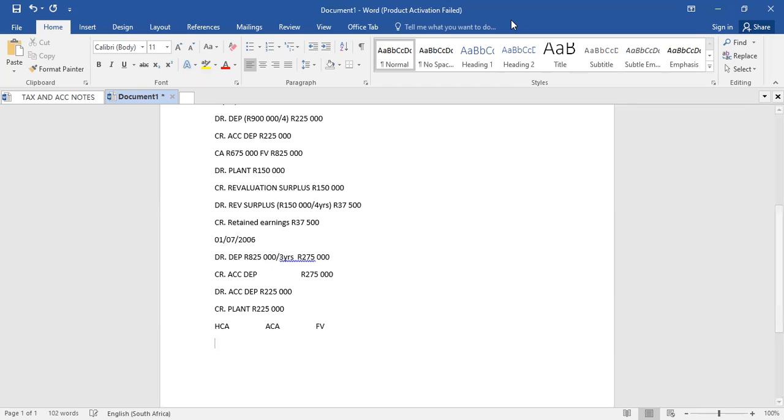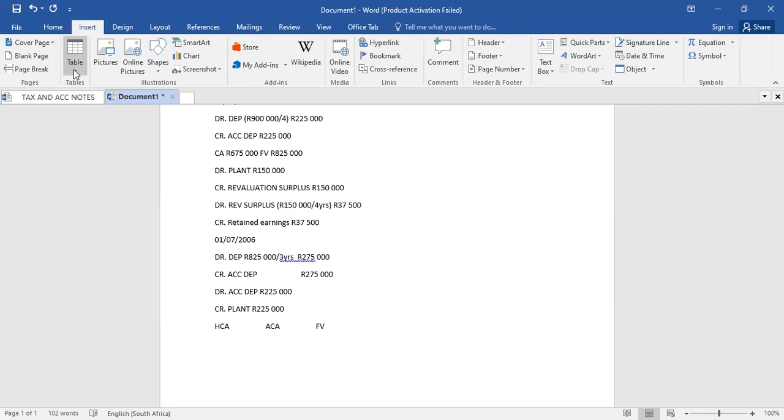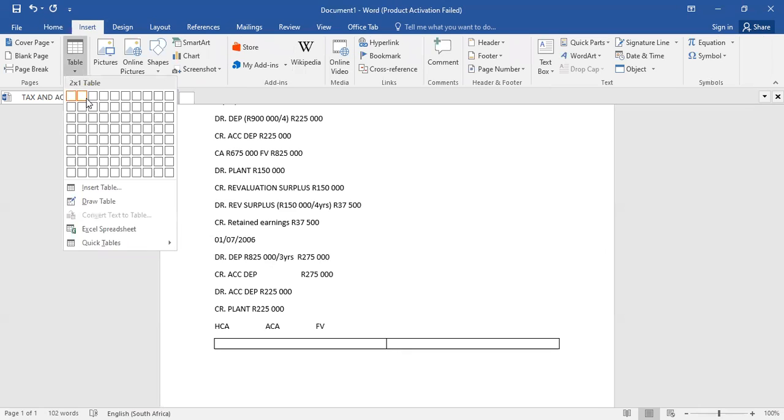So we need the historical carrying amounts. How much is the historical carrying amount for 20x6? 675.